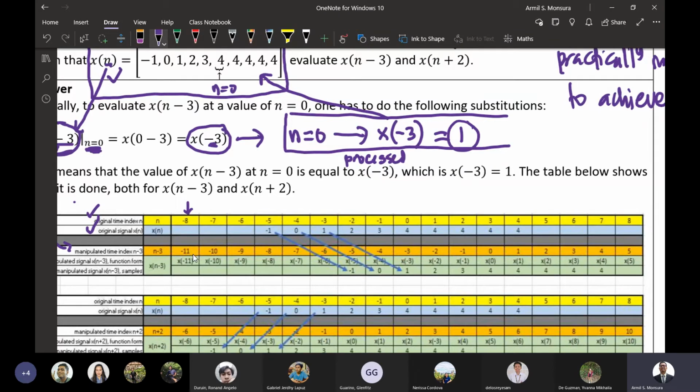Naintindihan? Okay? Dito rin, as another example, kung ang original time index niyo ay -7, then the manipulated time index is -7 minus 3. So, that should give you -10.